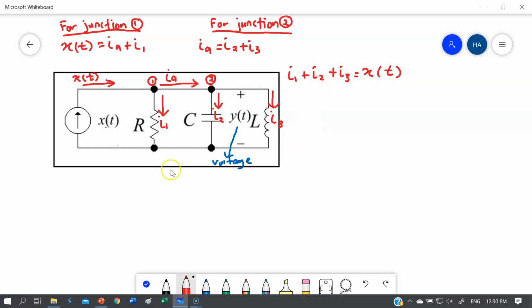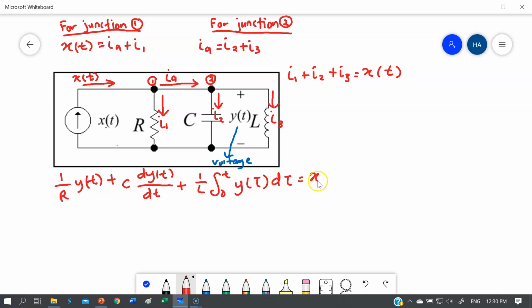If we rewrite this equation, for I1, which is the resistor current, in terms of voltage it's 1 over R y of t, plus C dy of t over dt, plus the inductor current in terms of voltage, which will be the integration from 0 to t of y tau d tau.